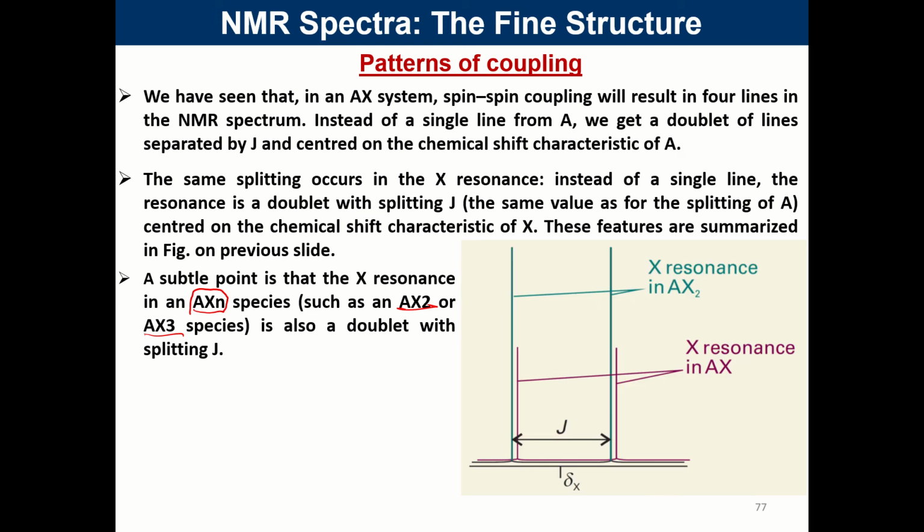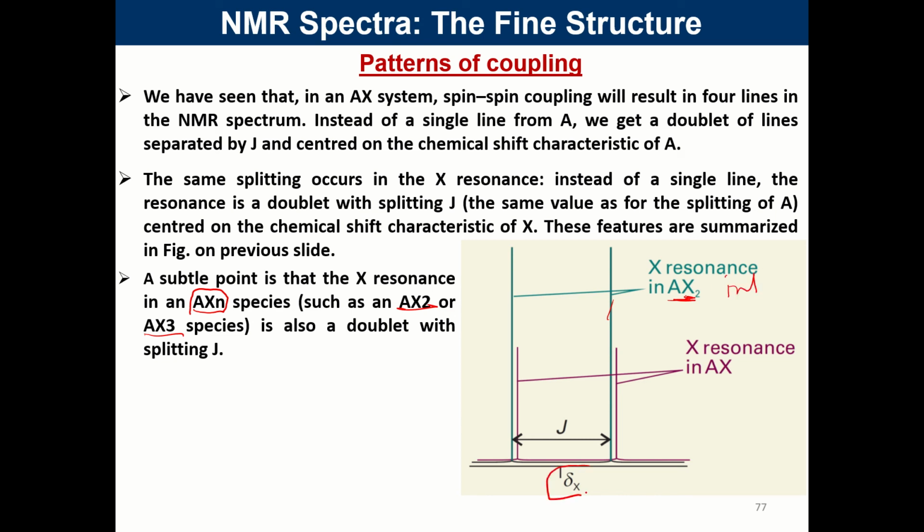So in AX2, what will happen? The X resonances, because there are two of X type, will be at the same position, the chemical shift is the same, but only the intensity is higher. So intensity is increased. Rest of the things will remain the same for the X.